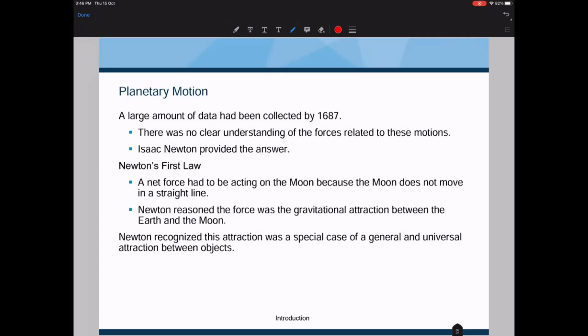They know how long it takes for the Earth to orbit around the sun, and how long it takes for the moon to orbit around the Earth. Just like in kinematics, they could describe the motion of the objects, but yet they do not know why. So in order to know why, here comes, once again, Newton.